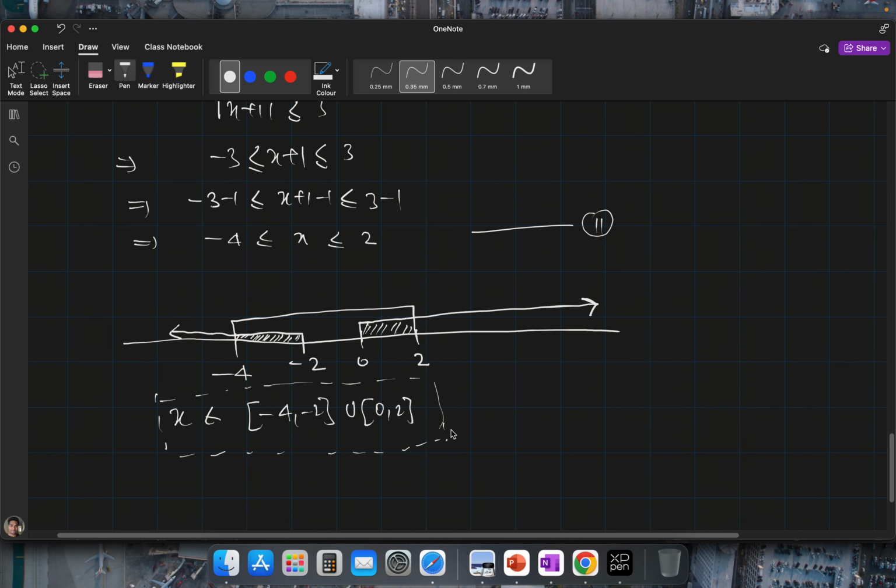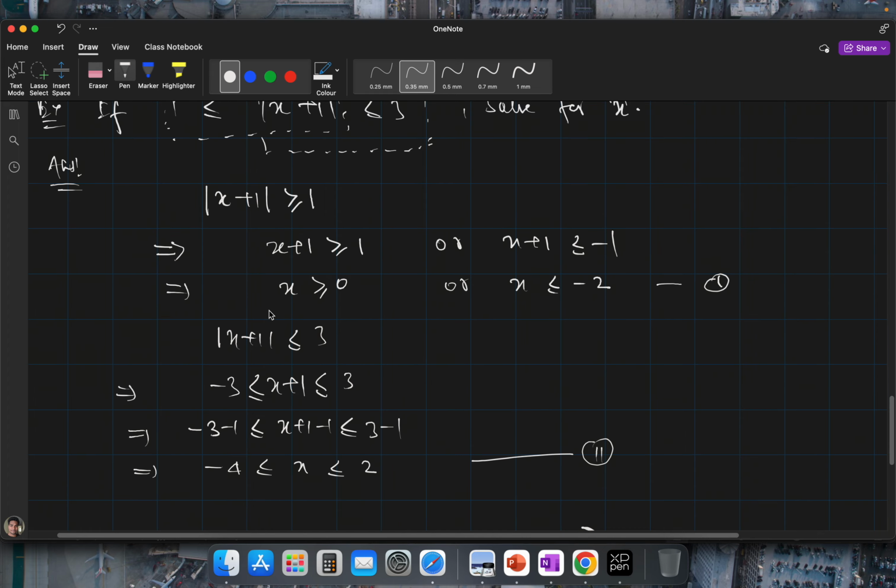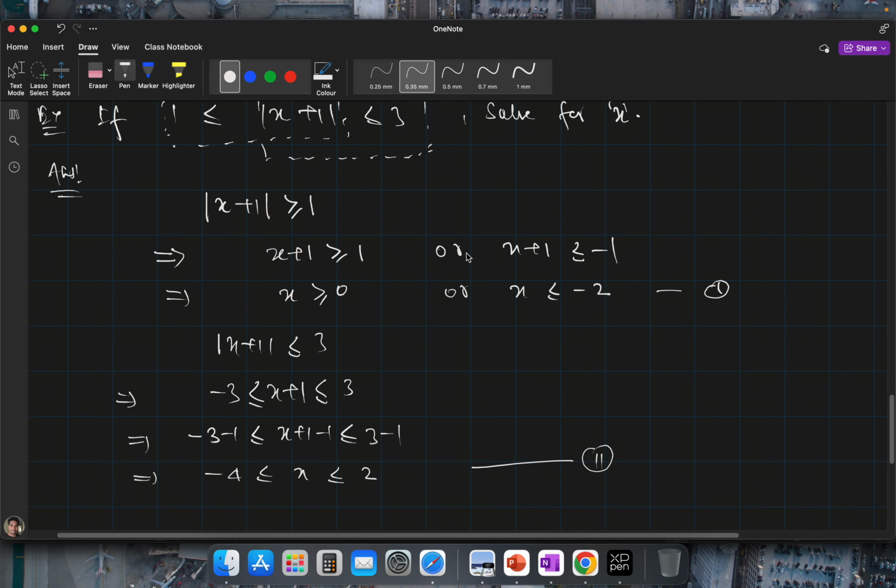Sir, I didn't understand the second part, the second equation. Second equation. Okay, so I told you, if mod of x is less than or equal to a, the solution will be x between minus a and a, right? So I used that identity. You can see that in place of x it is x plus 1.